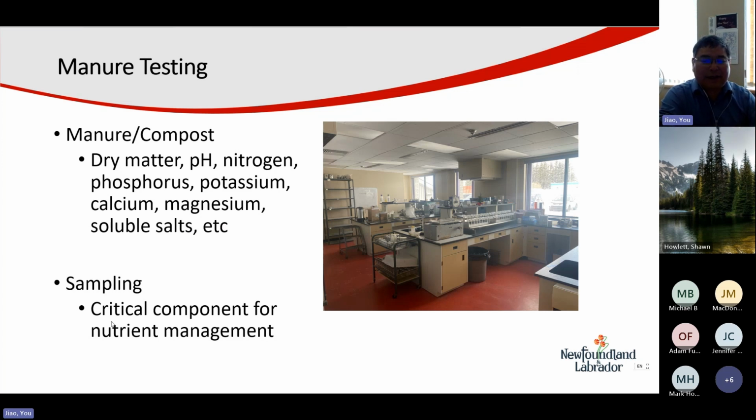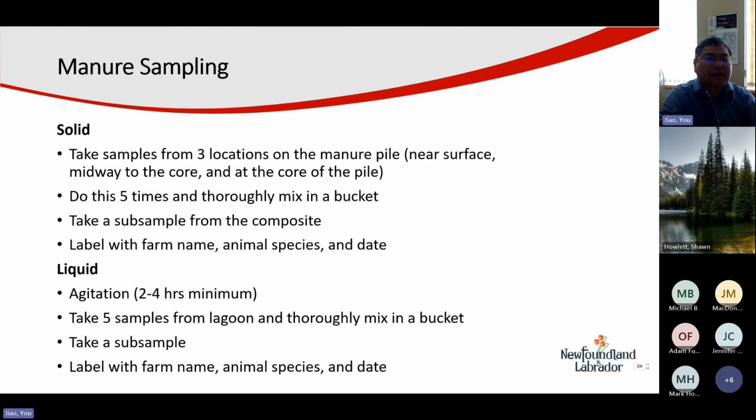And the sampling, again, is the critical component. Same as soil sampling, manure sampling is critical so that the sample truly represents what we want the result from. For solid manure, you can take the sample from 3 locations, from the surface of the pile to the middle and to the core.